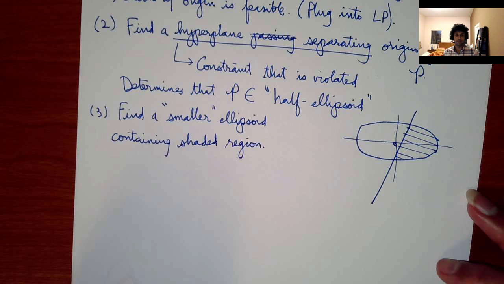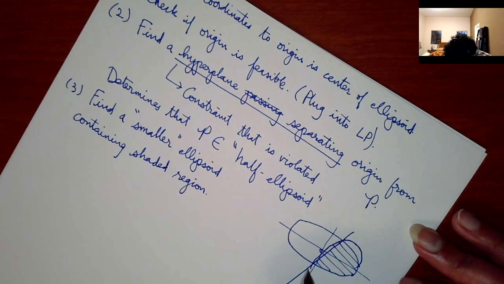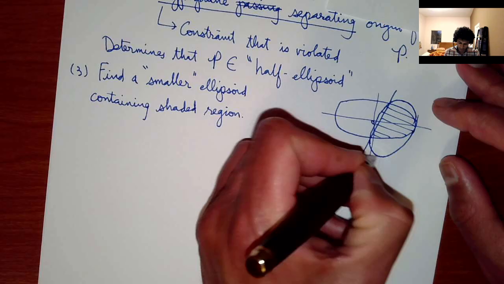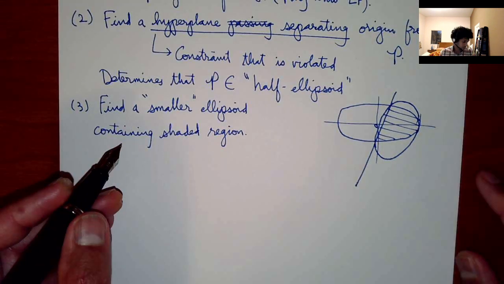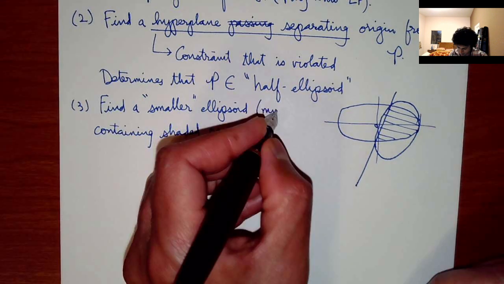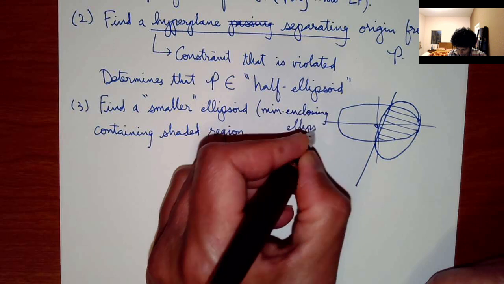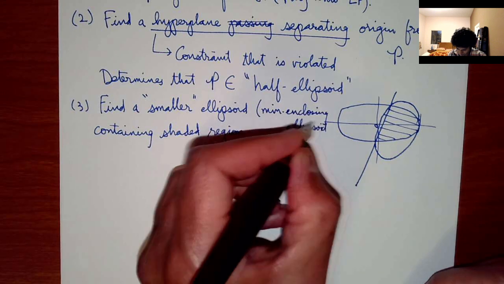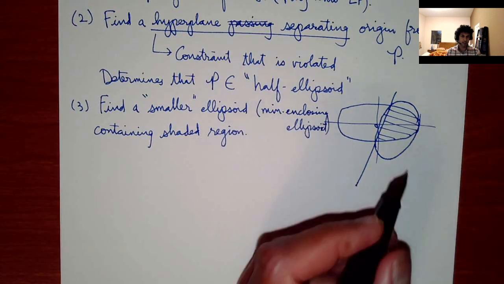We need to find some sort of ellipsoid like that, and then you have to argue that it is actually smaller. You can find what's called the minimum enclosing ellipsoid. So you find a smaller ellipsoid that contains this region.